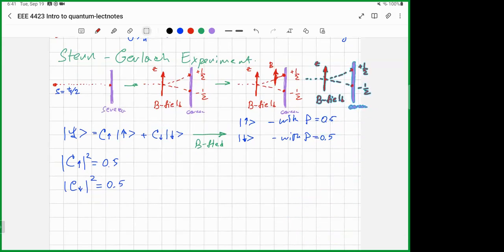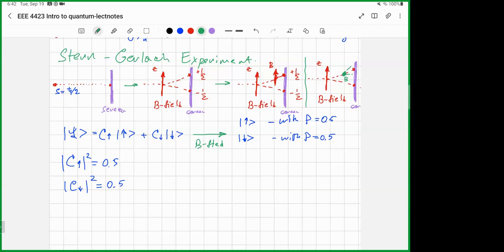But when we apply a magnetic field in another direction, like along the x direction, like this, this magnetic field creates again two orientations of the spin, and we create again two trajectories.